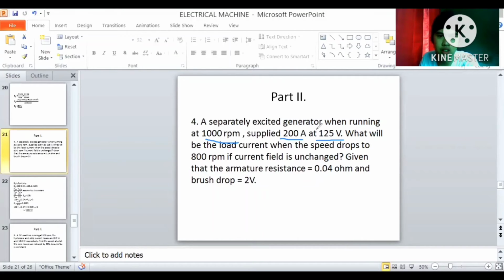What will be the load current when the speed drops to 800 RPM if field current is unchanged, given the armature resistance equals 0.04 ohms and brush drop equals 2 voltage.